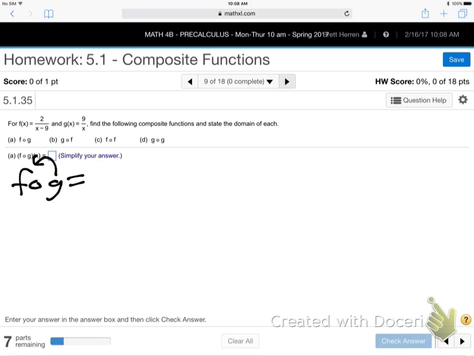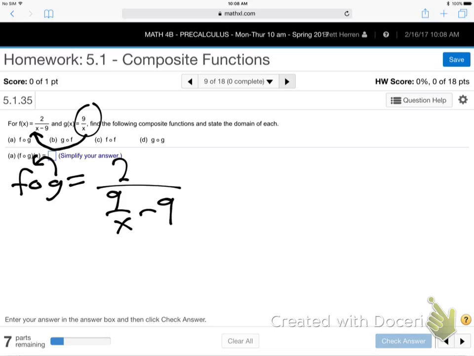So this means all of g is plugging right there into f's input slot, huh? Like that? That good? Good so far.